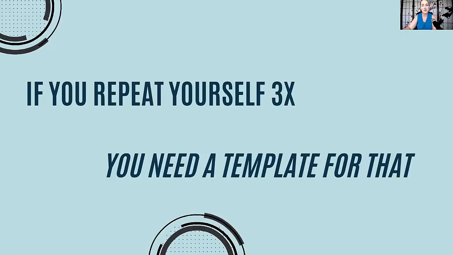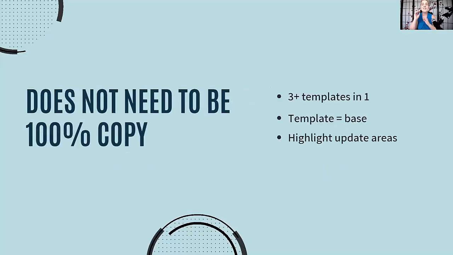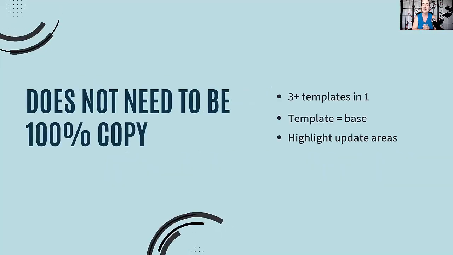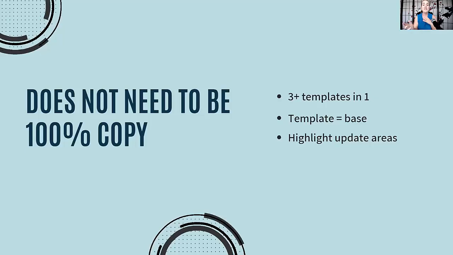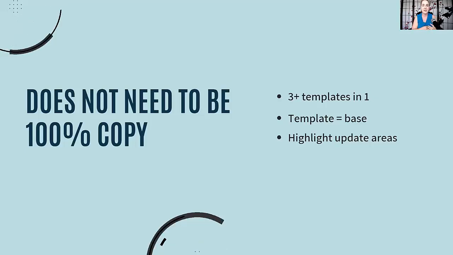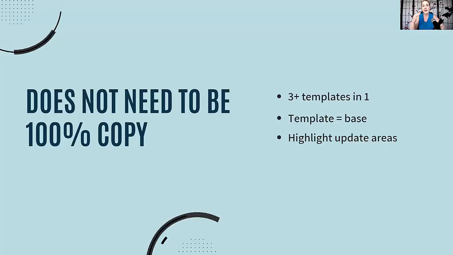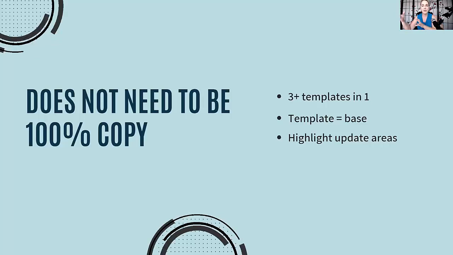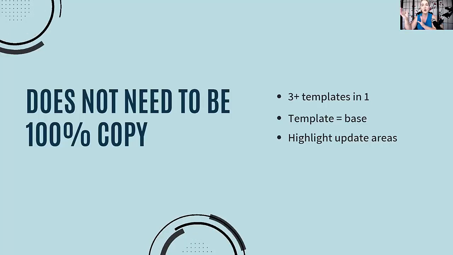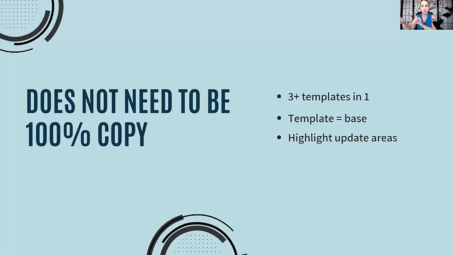And that brings me to my next little slide here. It doesn't have to be a 100% copy. You want to think about, even if you can have 3 or more templates in one. I'll give you an example. In one of the businesses that I run, I provide a sort of curriculum for all of the content that we have on our website. It's so overwhelming, so I give people an individual curriculum.